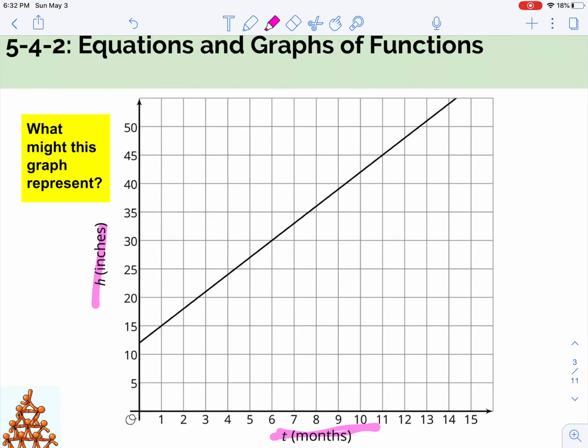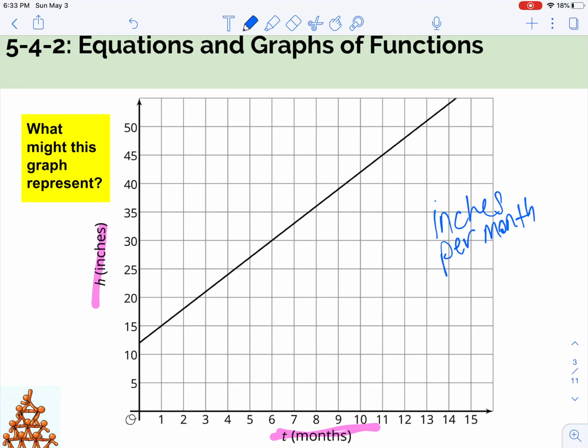They want you to be able to look at that and say, this graph is showing inches per month. Whether or not that's rainfall, growth of some plant, or maybe of a person or an animal.